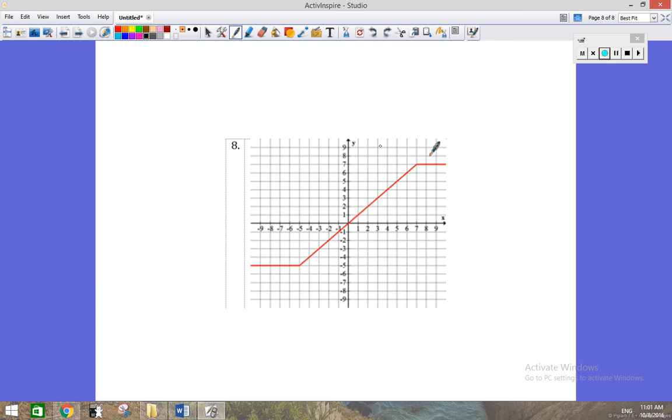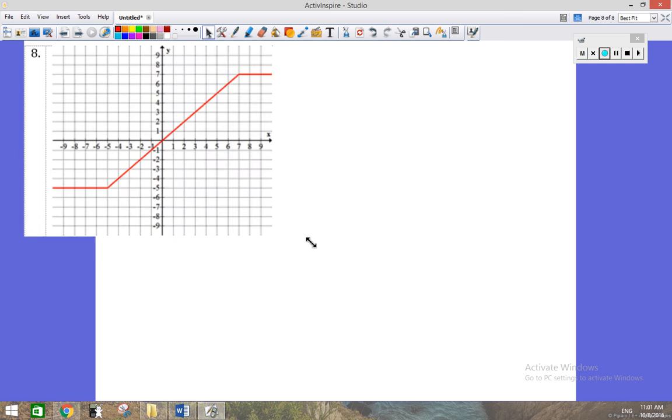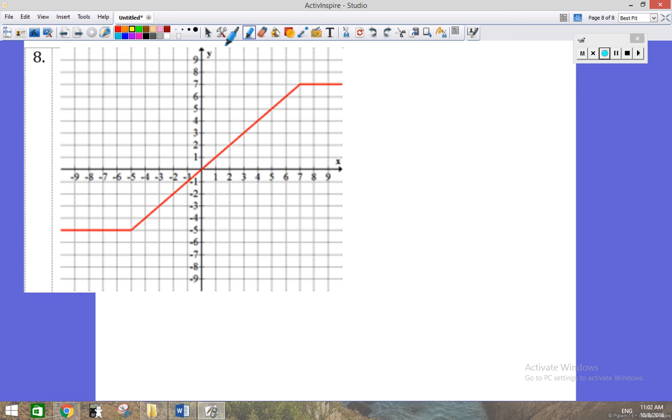Alright, let's take a look at problem number 8. In the previous videos I've been using orange for constant, yellow for increasing, green for decreasing. We see here at the edge of the graph where it's printed that they've shown us that the change here is going off to the left, and we continue that pattern.